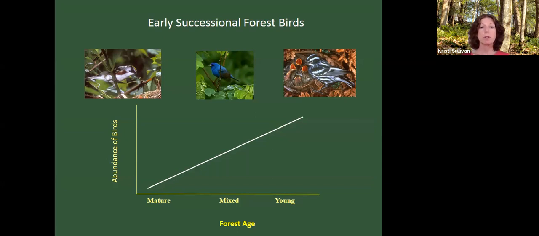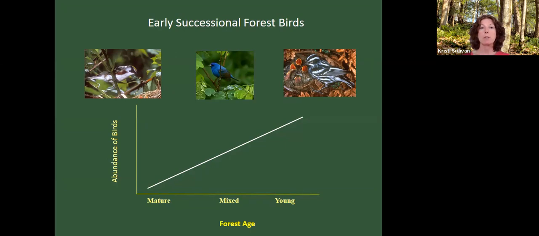When it comes to birds, there is a whole suite of birds that are considered early successional forest birds, so birds that prefer young forest ages. And some of those birds are the chestnut-sided warbler, which is pictured to the left here, the indigo bunting in the middle, and the black and white warbler on the right.